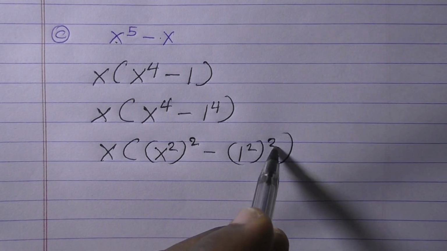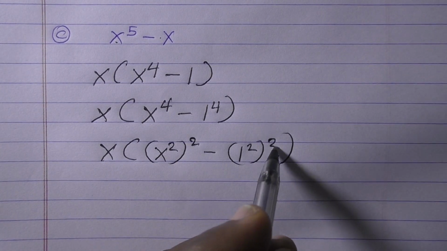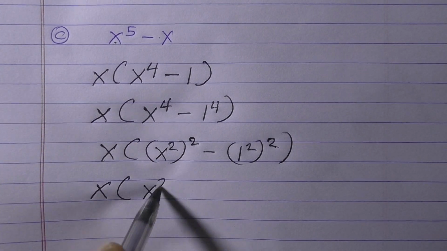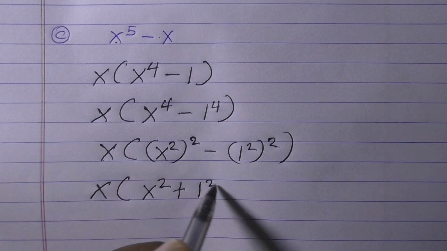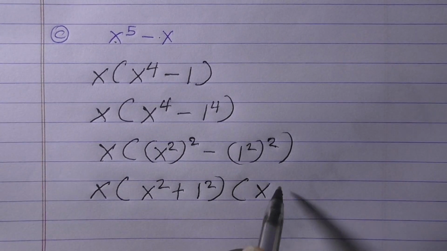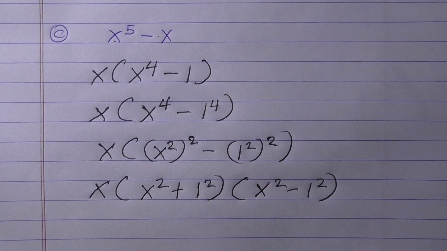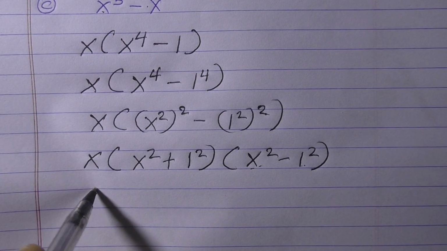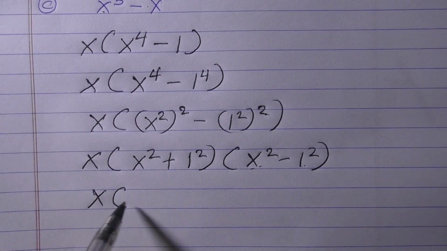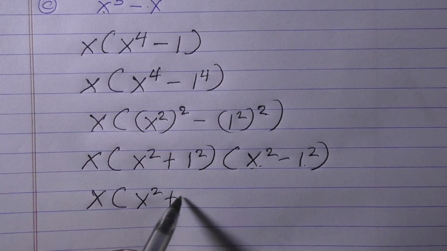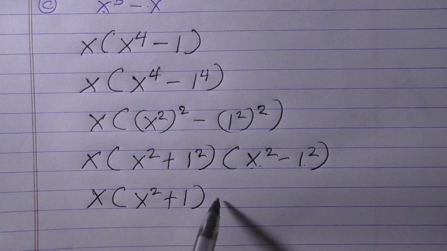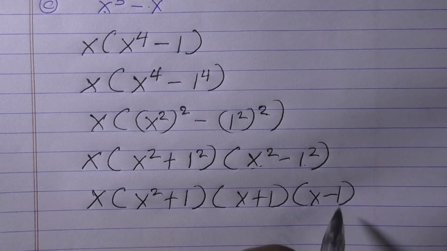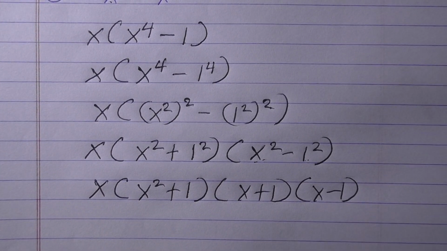So considering the outside powers, we end up with x into x squared plus 1 squared into x squared minus 1 squared. So this one can further be simplified, and we end up with x squared plus 1, since 1 squared is 1, into x plus 1 into x minus 1 as our final expression.